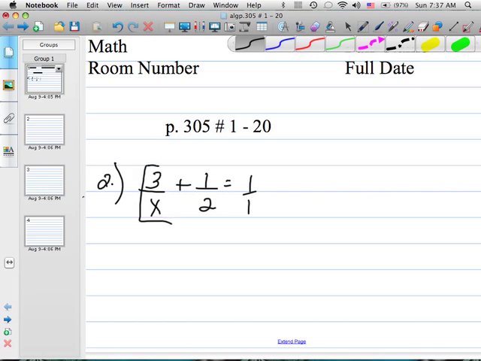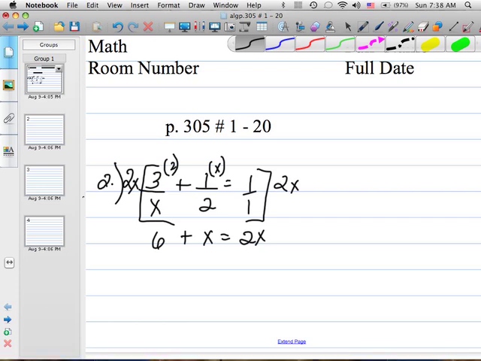So I'm going to multiply both sides by 2x. X goes into 2x. The x's will cancel, leaving me a 2. So that'll give me 6. 2 goes into 2. The 2's will cancel, leaving me an x. So that's plus 1 times x is x. And 1 times 2x is 2x.